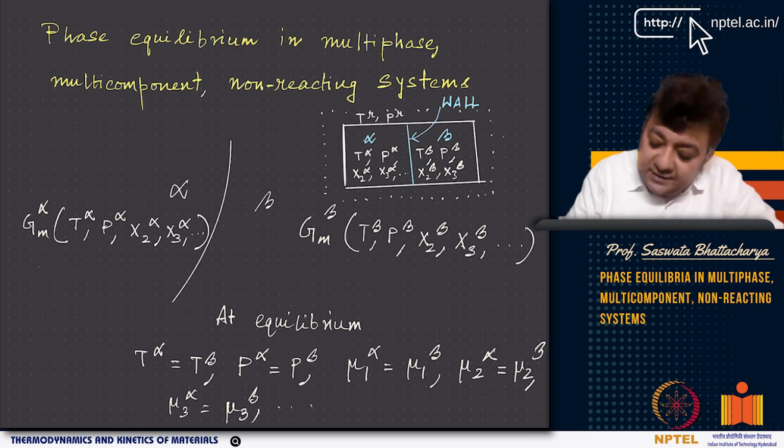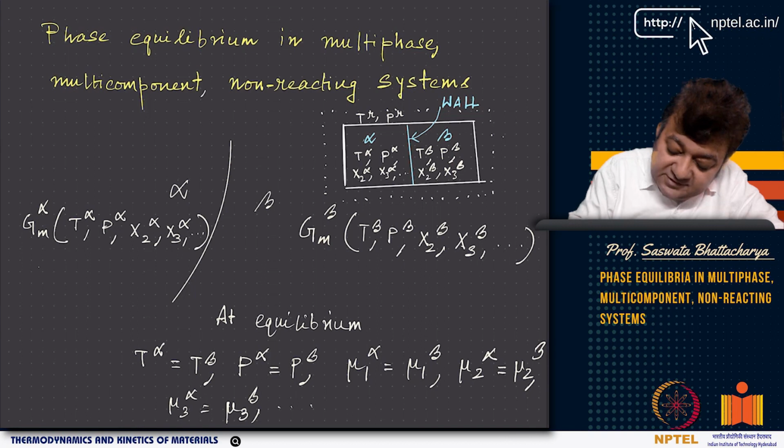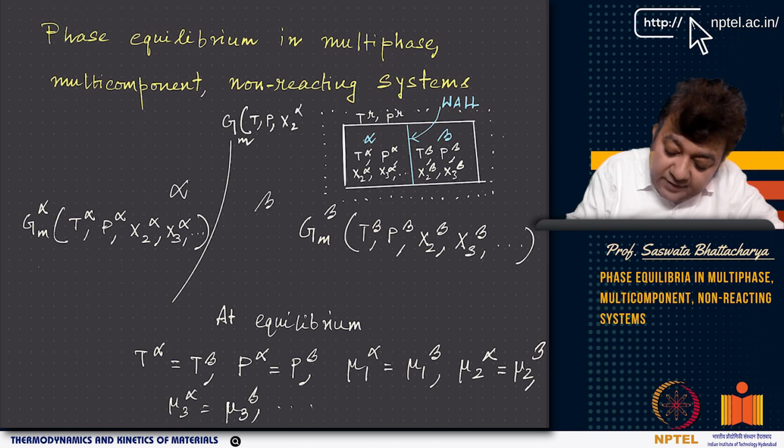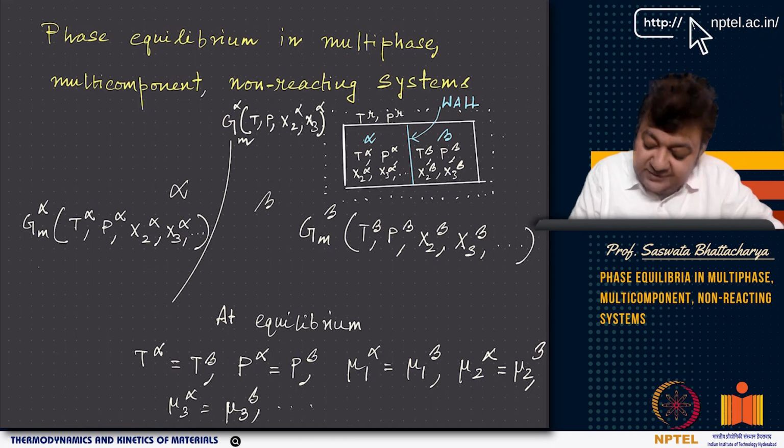Now you describe this with the free energy. You write G as a function of T, P, and the molar free energy Gm as a function of x2 alpha, x3 alpha, and so on, for both the alpha phase and the beta phase.